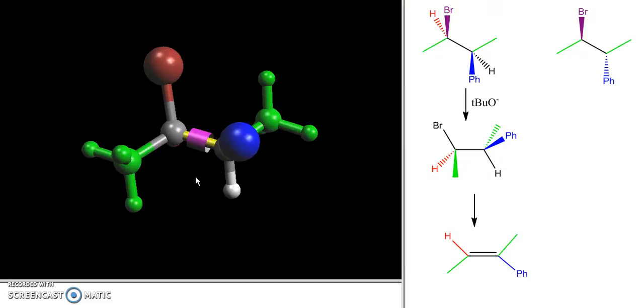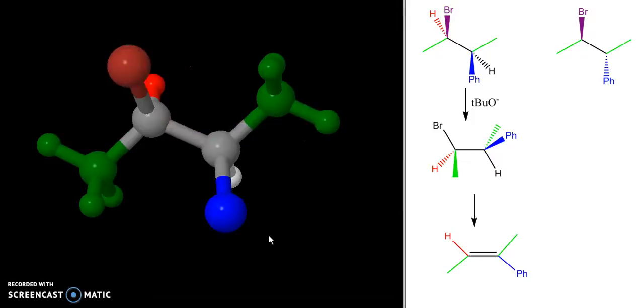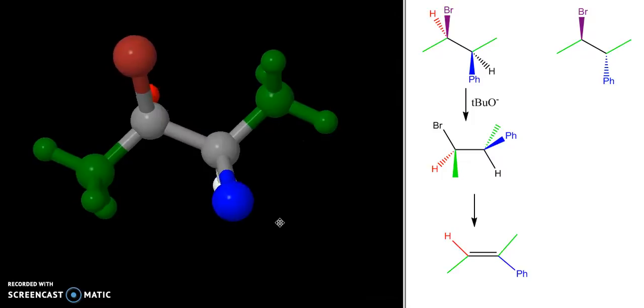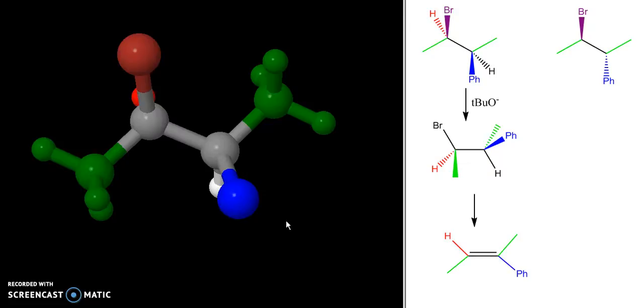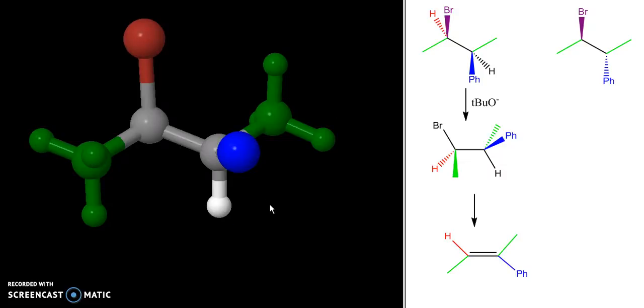We can view this a slightly different way if we look at a slightly different version of this three-dimensional model. So this is the molecule we just looked at, or the anti-coplanar version of this reactant, I should say. And you can see the bromine going up, the hydrogen going down. And I want us to think about what happens when this bond starts stretching, this bond starts stretching, so that they start leaving.